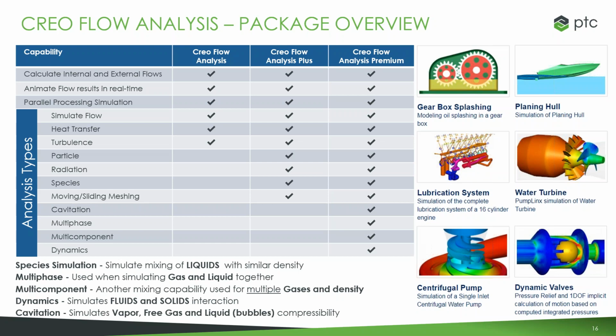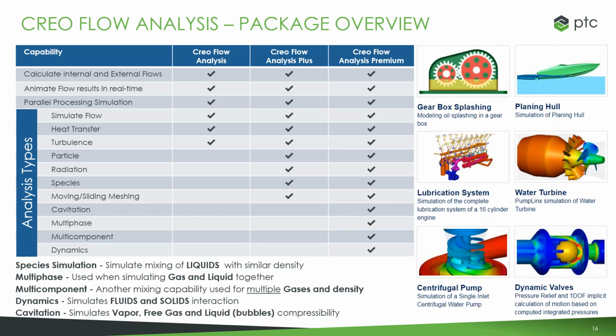That type of analysis can be done with the lower end version here, just the basic Creo Flow Analysis. And it is considerably cheaper than some of the competition because they're adding a lot of other stuff in their package that you don't necessarily need. So for the electronics guys, that low-end tool is very attractive.